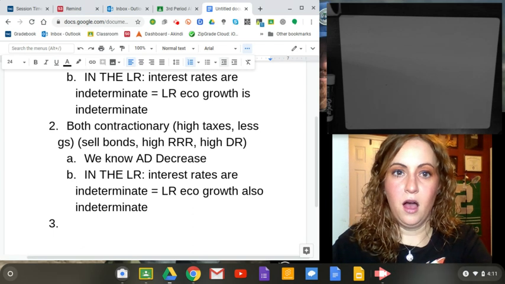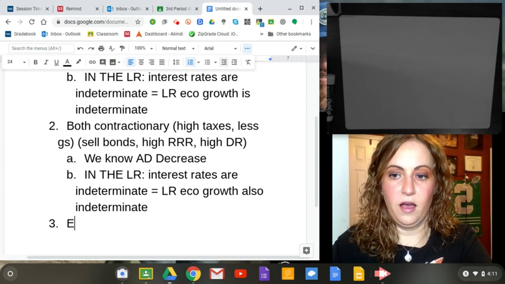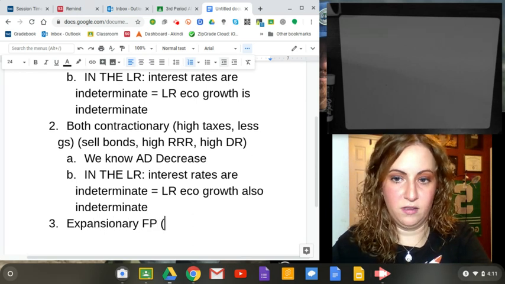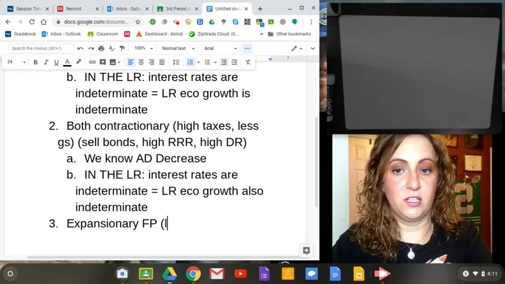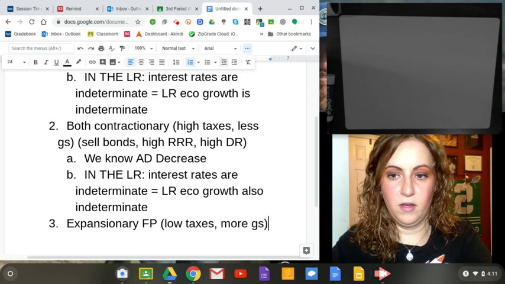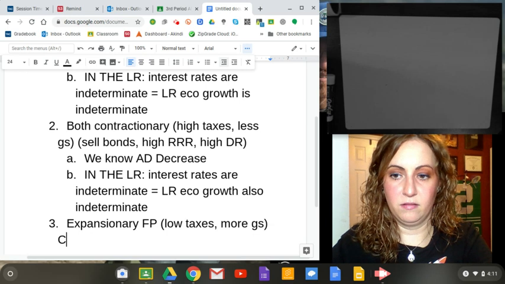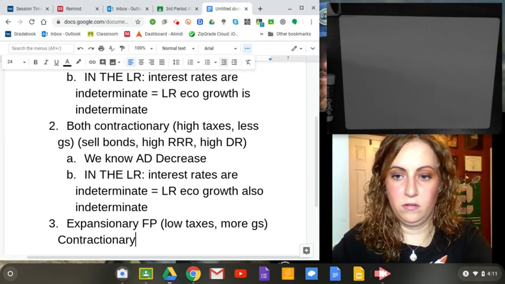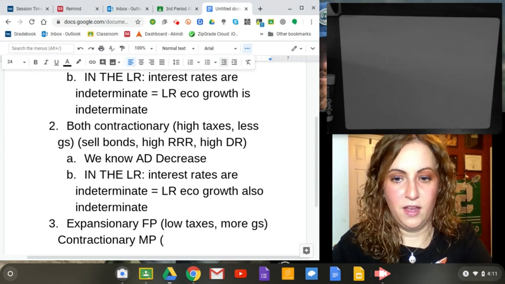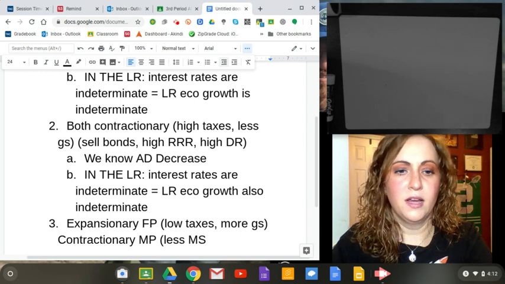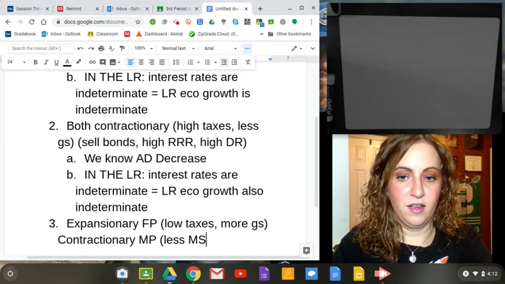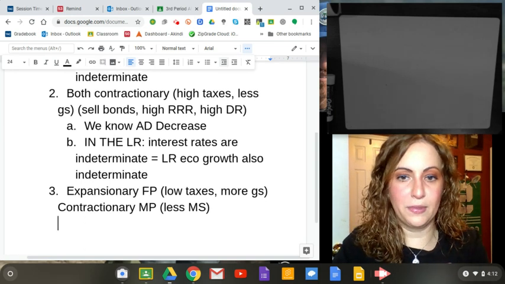So let's say that this time it is expansionary fiscal policy, which means low taxes and more government spending, and contractionary monetary policy, which is basically less money supply, but in general, less money supply. There you go. So what happens in the short run?